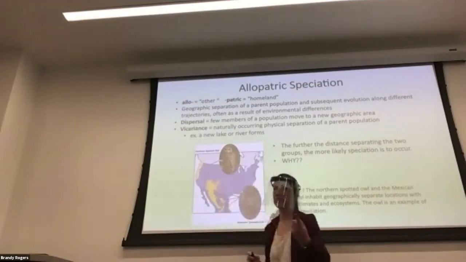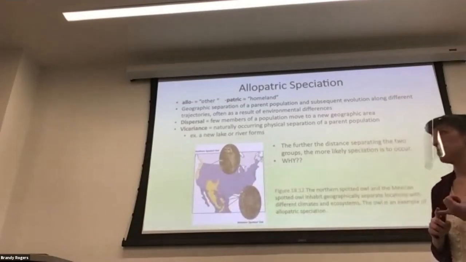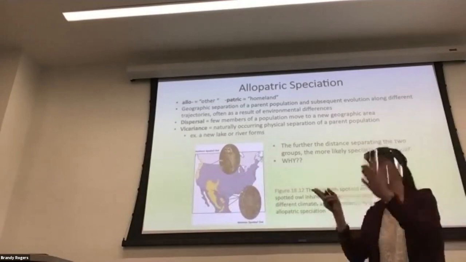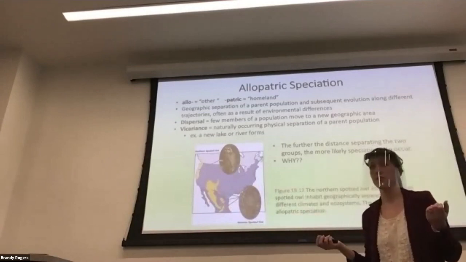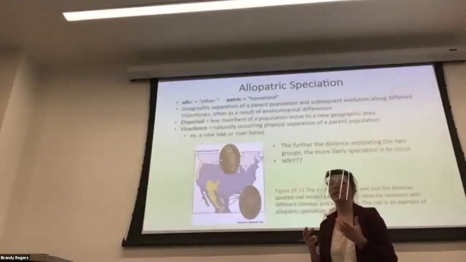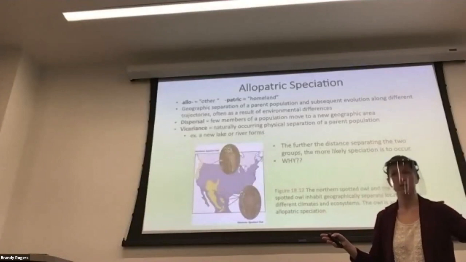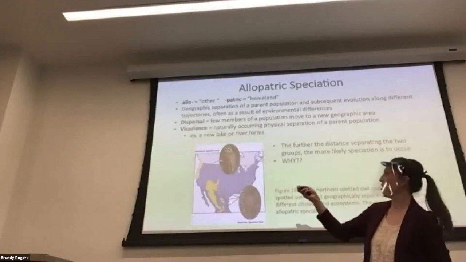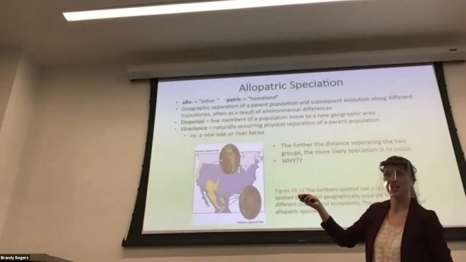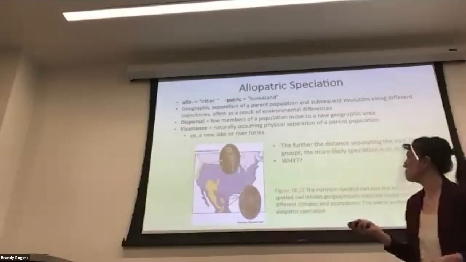Vicariance can be a split of a parent population by building a highway through the range of an organism. It could be a volcano erupts and a lava flow separates the two populations. You guys get what I'm saying? So it's kind of like voluntary is dispersal and vicariance is involuntary, caused by the geological changes that happen. Those are two different ways.